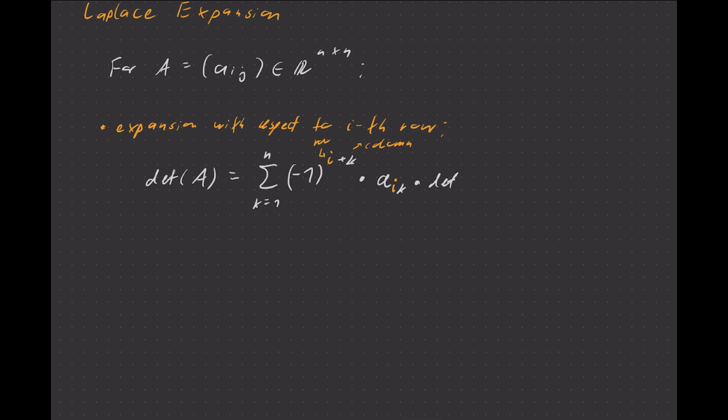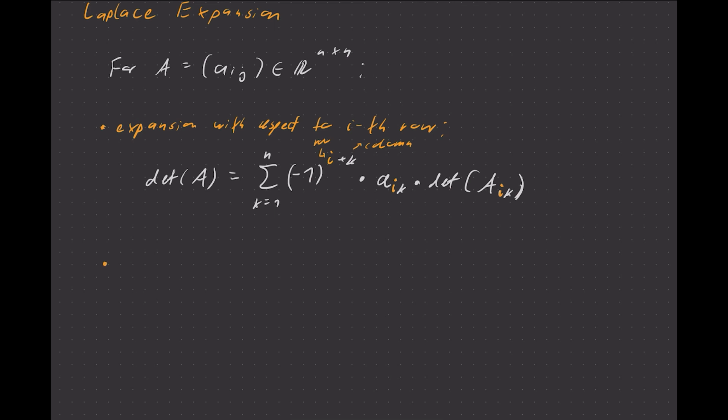And then multiply by the determinant of the corresponding cofactor, A_ik. Again, this is the ith row and the kth column. So same thing as we did for the first column, just applied to a row now, and of course the cofactors will look a little different, but the idea is totally the same.